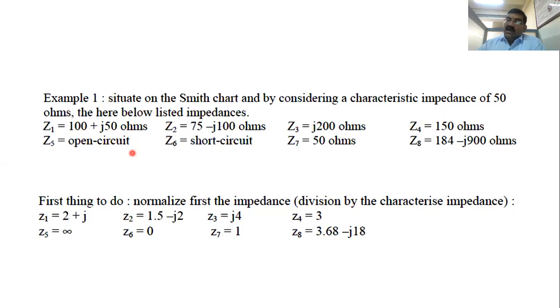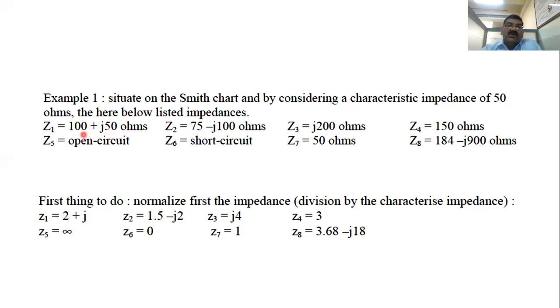Now, how can you plot these 8 impedances? You will have Z1. What is Z1? It is 100 plus J50. Always, when you are asked to plot any impedance on the Smith chart, we go step by step.